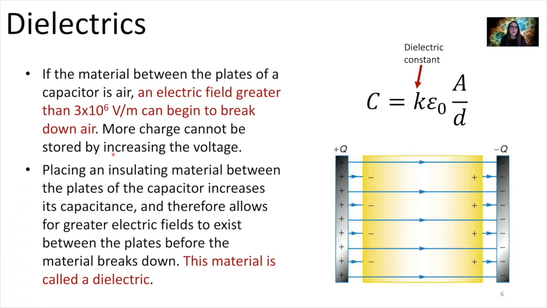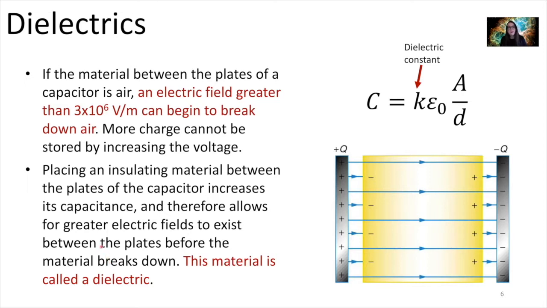A dielectric is an insulating material that you place between the plates of your capacitor, and that automatically can increase the capacitance of your capacitor. And that also allows you to build a greater electric field inside the capacitor, and you can also store more charge on that capacitor too.